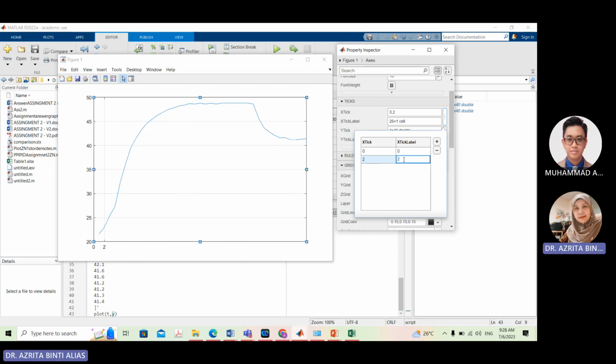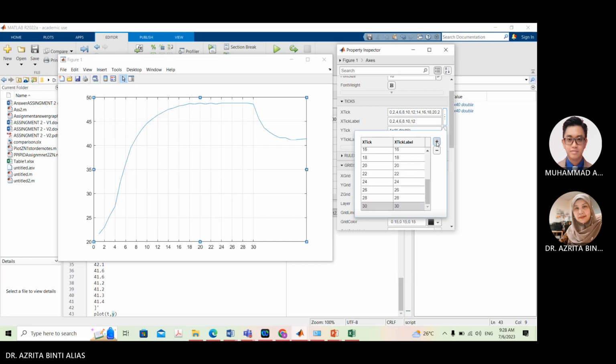For the first data you need to type, and after that you just click add, until 40.